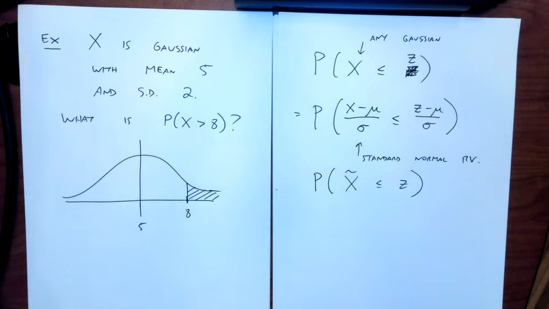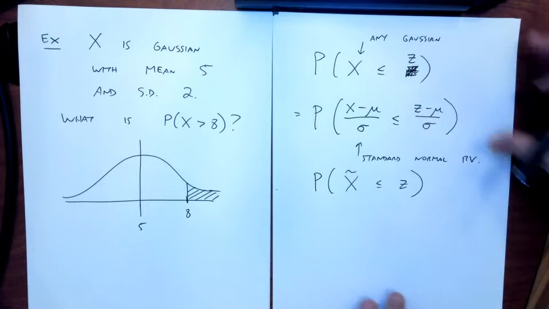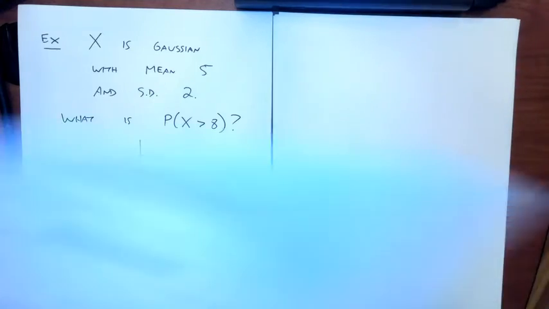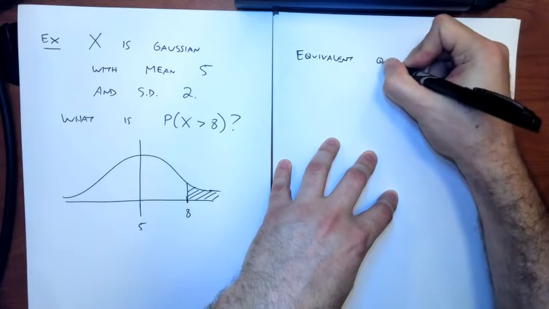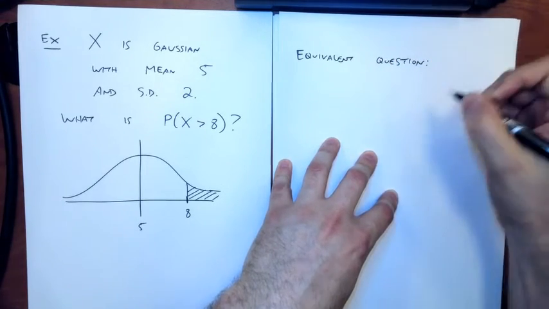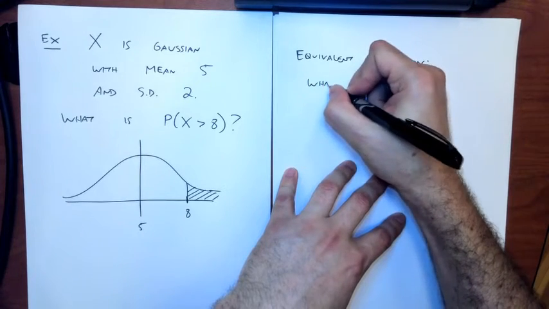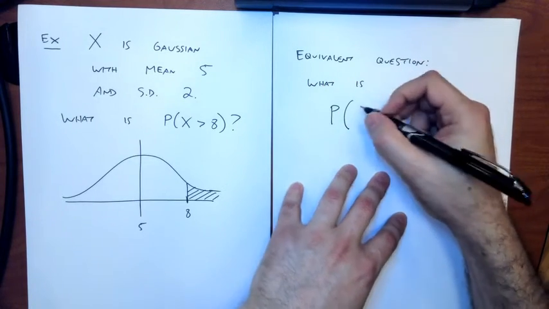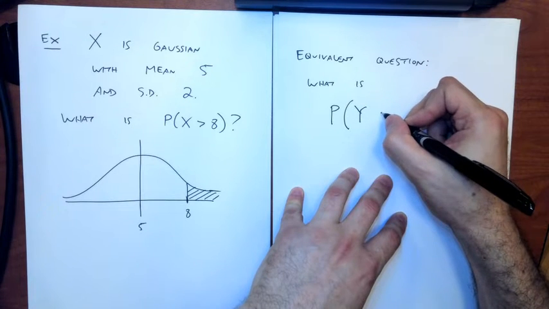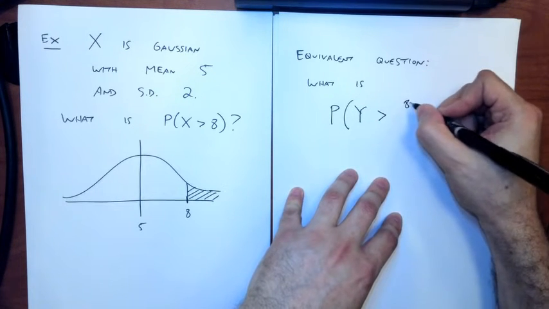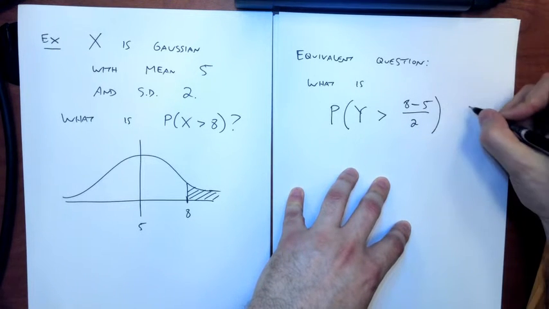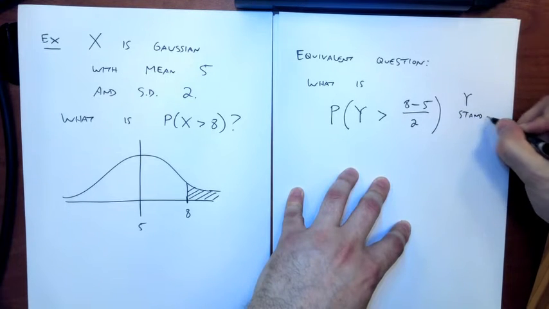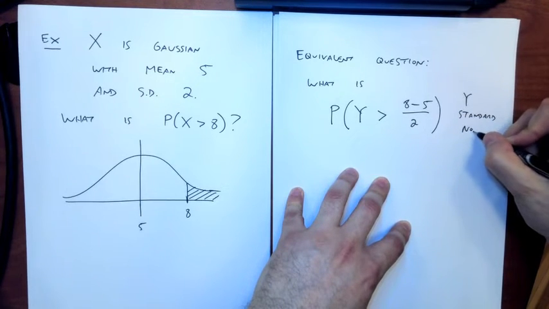Well, I want to turn this into an equivalent question about my standard normal, right? So an equivalent question is, what is the probability that y is greater than 8 minus mu over sigma, where y is the standard normal?